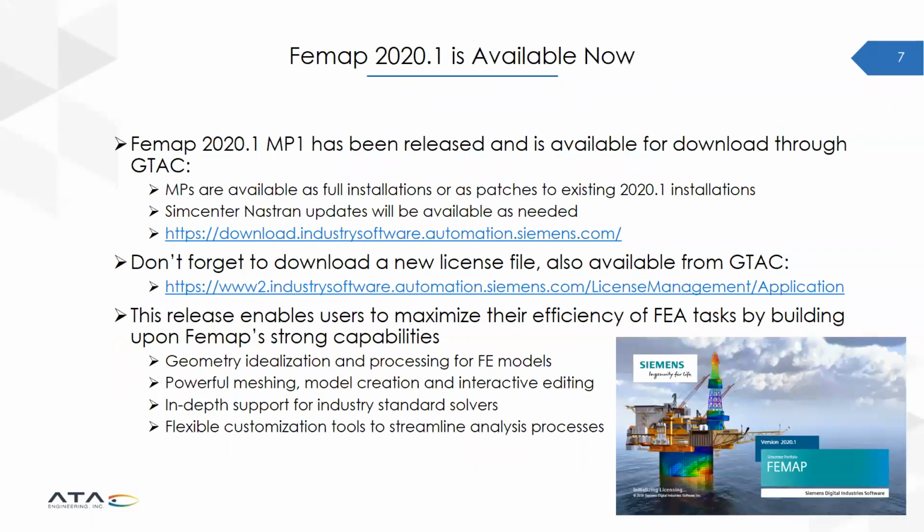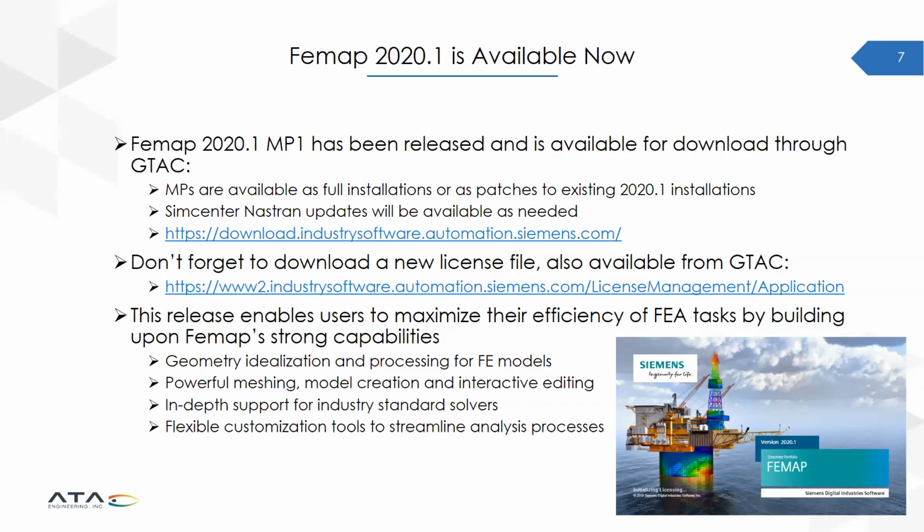So first things first, Femap 2020.1 is available now. And actually, 2020.1 Maintenance Patch 1 is available now. So that's available for download through GTAC. Now, maintenance patches are available as full installations. So if you haven't updated to this version of Femap yet, you can just go ahead and install that first maintenance patch.